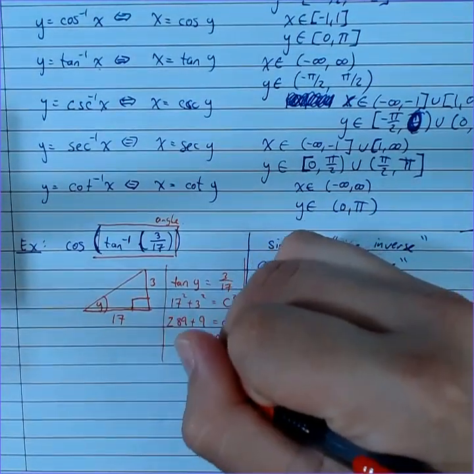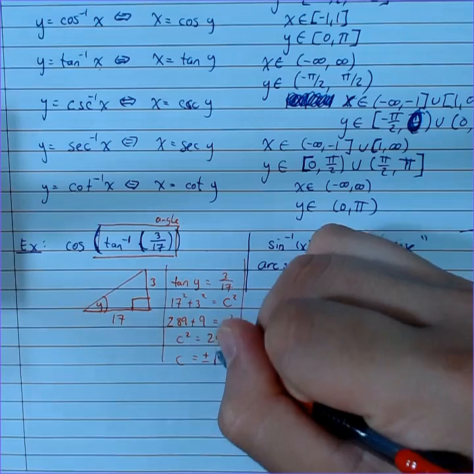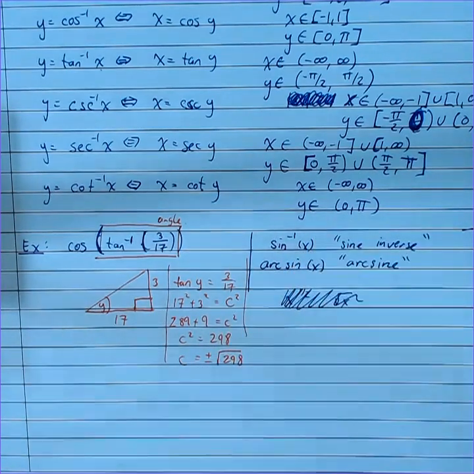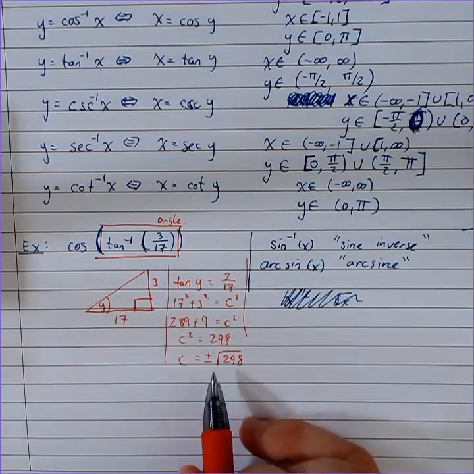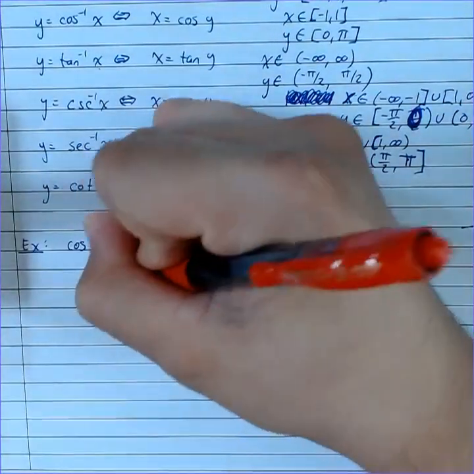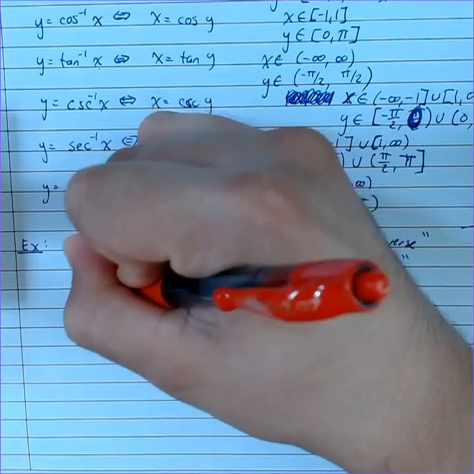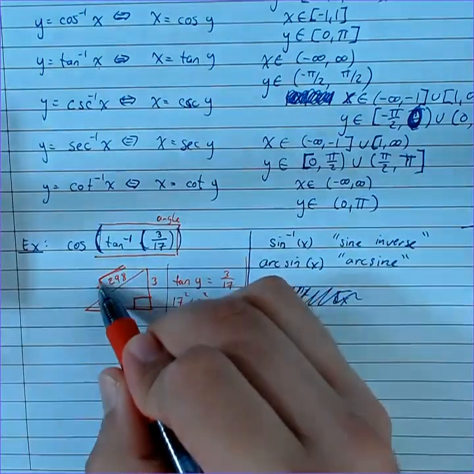So I can take the square root of both sides, plus and minus the square root of 298. And since we know that c is the length of a hypotenuse, it can't be negative. So this has to be the positive square root of 298.